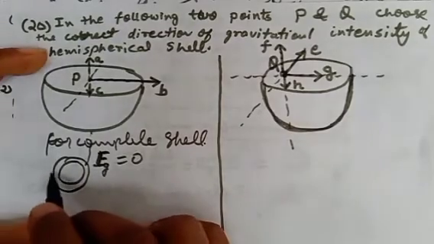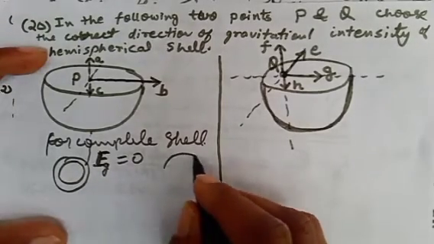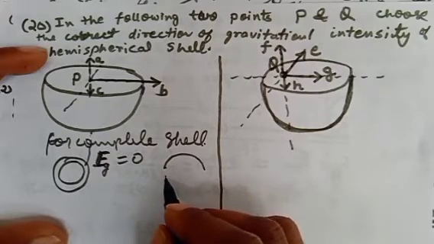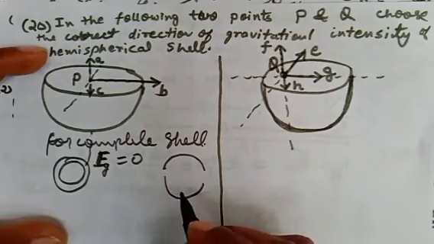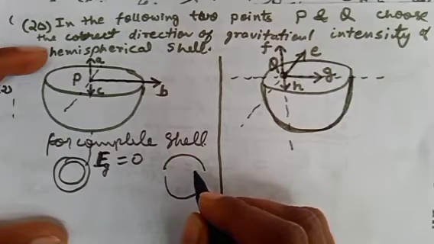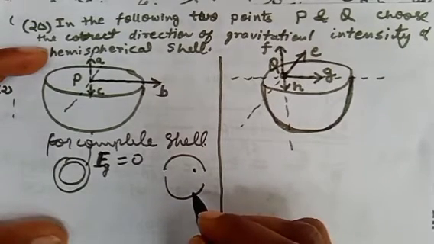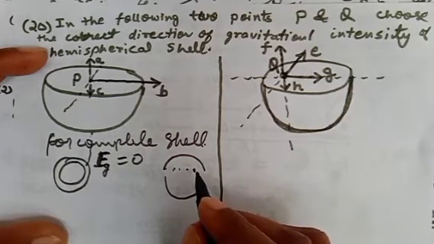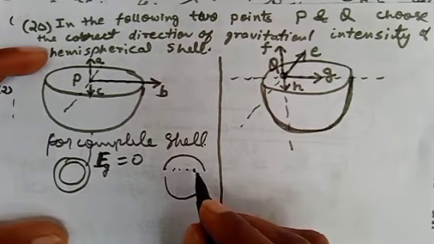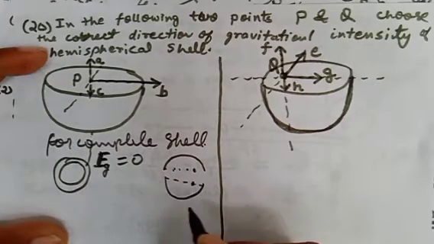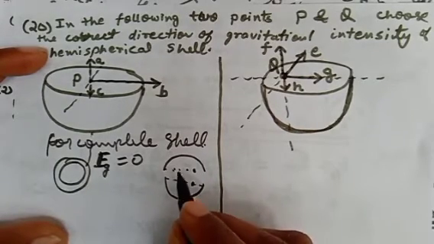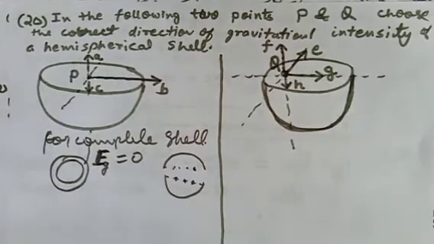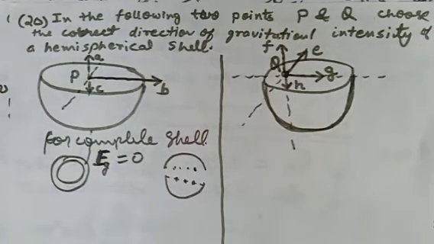Now if we do it concept-wise, if I divide it into two parts, then because E is 0, at any diametrical point, if there is a gravitational intensity on one side, in the same way there will be gravitational intensity on the other, and they both must cancel each other in order to give zero intensity inside.